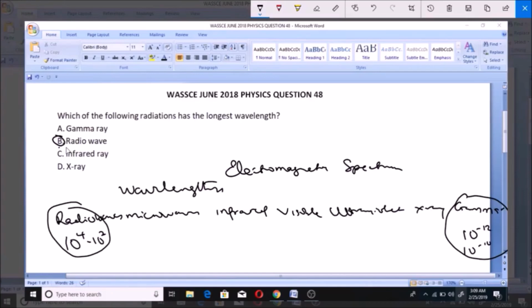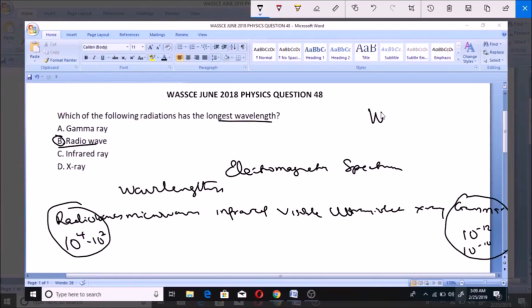Wavelength is not the only parameter that you use in checking the quality of the radiation. We have wavelength, we have frequency, and we have the wave energy. You can use any of these, but considering wavelength, this is how they are arranged.